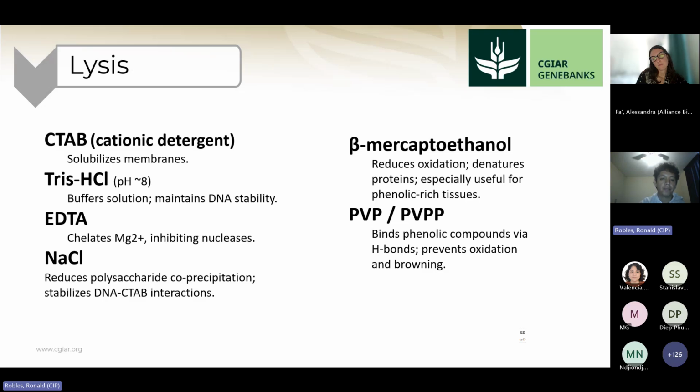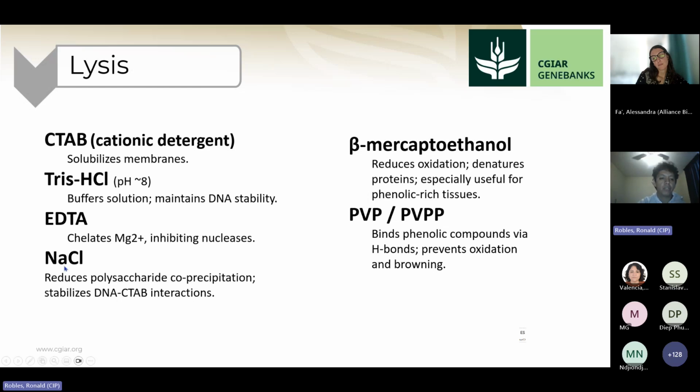This compound is very important because of its capacity to bind divalent cations, which permits that some of the enzymes start to be inactivated, because the enzymes that mostly degrade the DNA need some ions as a cofactor to be activated, such as magnesium or calcium ions.